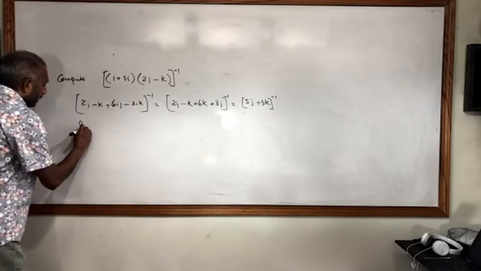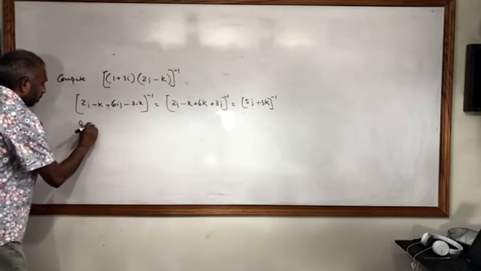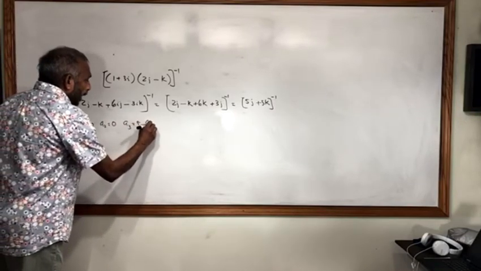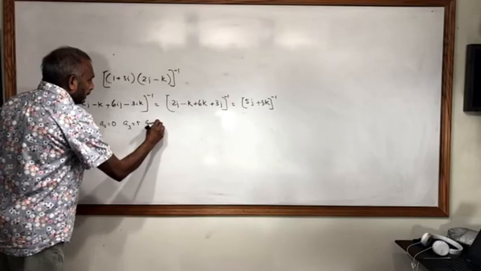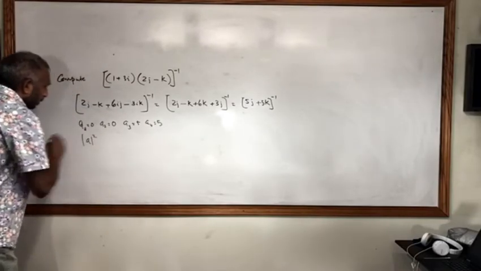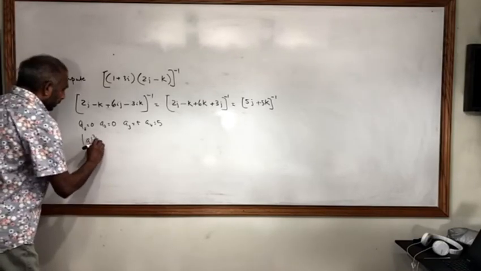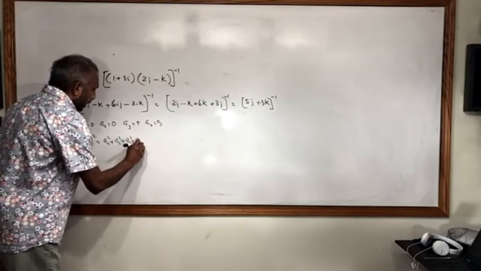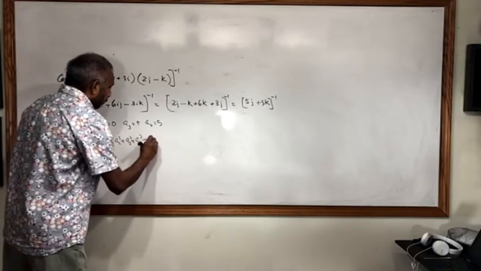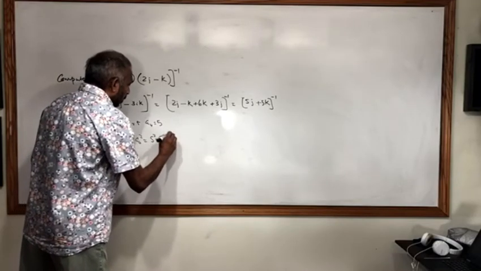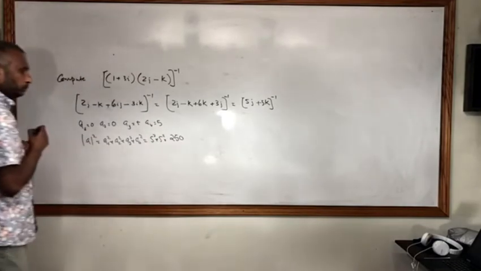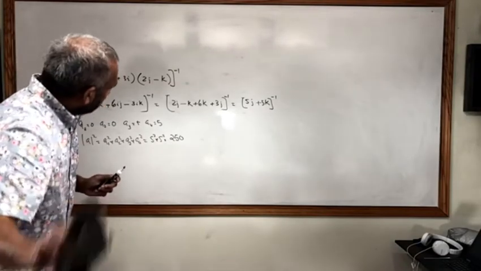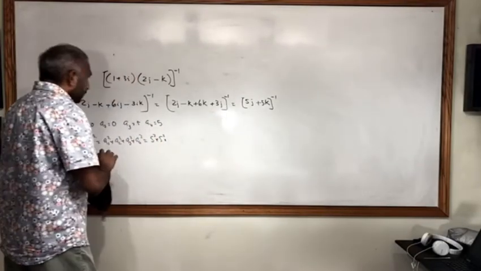So here a1 equal to 0, a2 equal to 0, a3 equal to 5, a4 equal to 5. So norm A square is equal to a1 square plus a2 square plus a3 square plus a4 square, and that is equal to 5 square plus 5 square, is equal to 250. Sorry, 50, just 50.